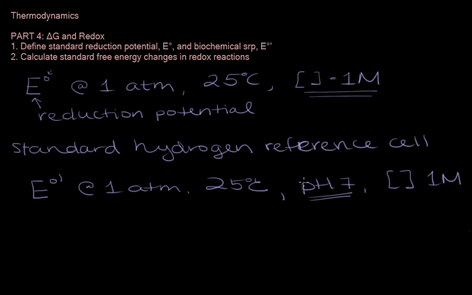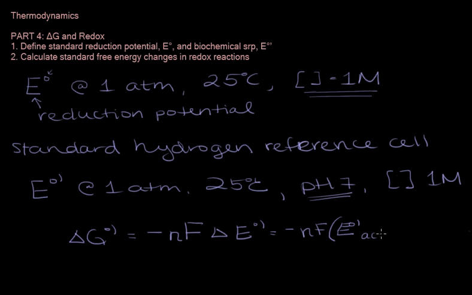Okay, and so this relates to delta G. Delta G naught prime equals the opposite of Faraday's constant, the number of moles times Faraday's constant times the change in the standard reduction potential, which is the same as saying negative nF times E naught prime of the acceptor minus E naught prime of the electron donor.